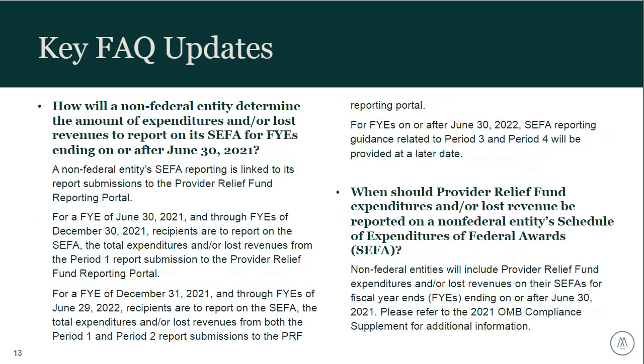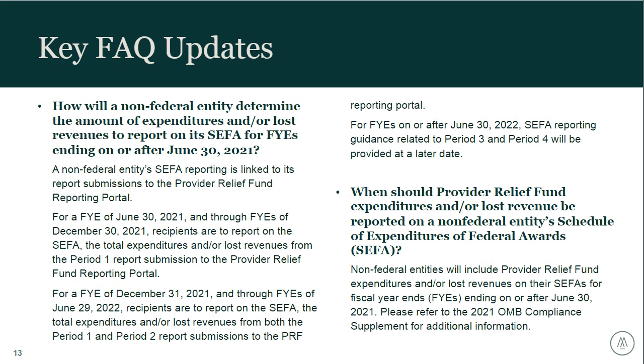Another big change related to the audit, the single audit or the schedule of expenditures of federal awards. Late last year, the Office of Management and Budget had issued the compliance supplement, which indicated that the expenditures for PRF that should go on the SEFA, the schedule of expenditures of federal awards, would really match the reporting.